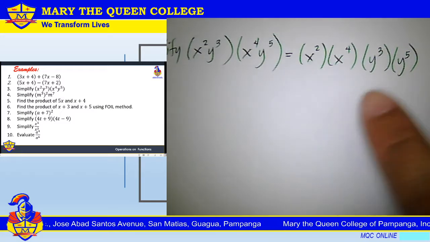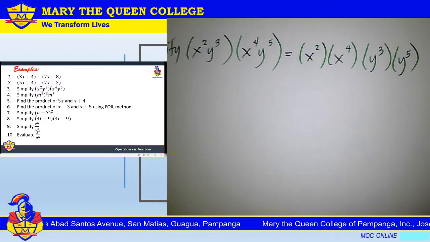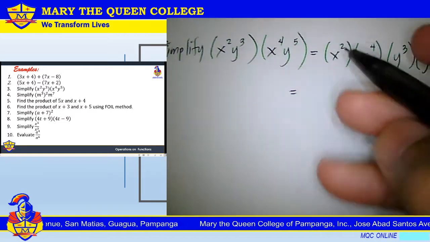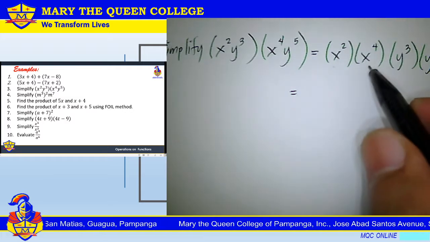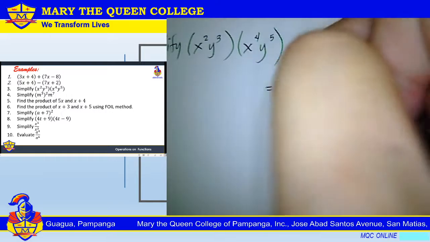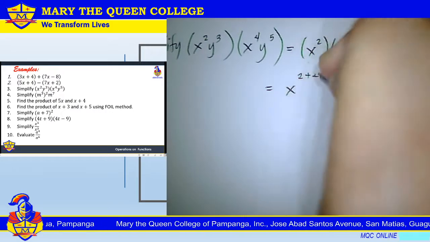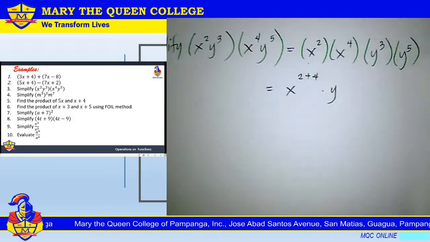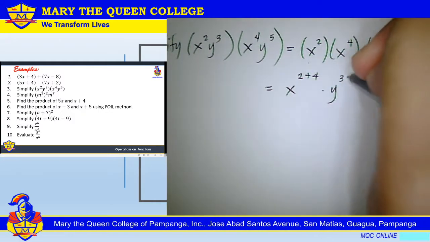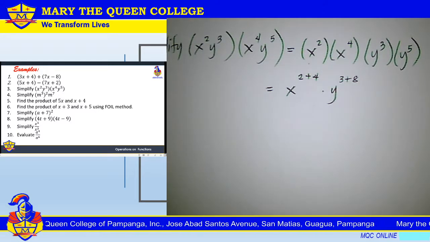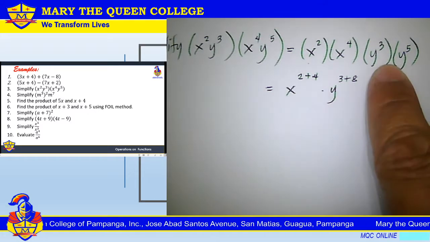Okay? So, pinagtabi lang po natin since meron tayong tinatawag na commutative property of multiplication. So, from here, we have x squared times x to the 4th magiging x raised to 2 plus 4. And then, times y raised to 3 plus 8. Okay? Dito po siya nanggaling. Okay?